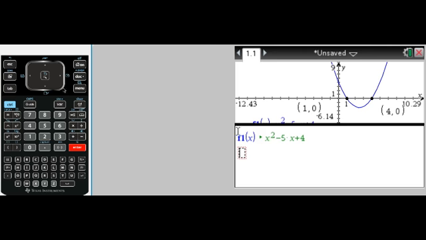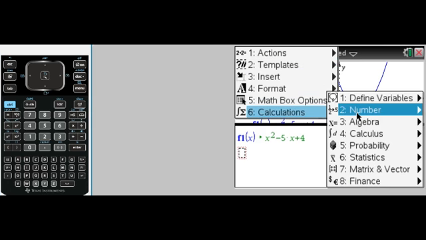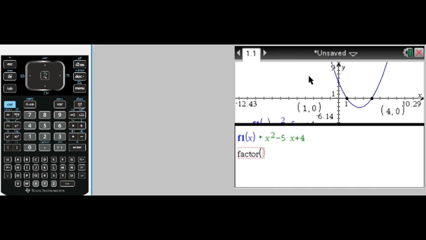And then I can also use calculations, algebra, and factor, use the factor property, and put in here F1 of x. And there's the factored form.